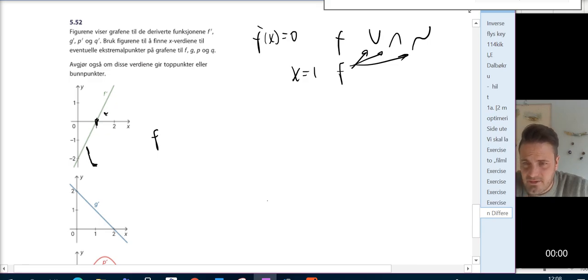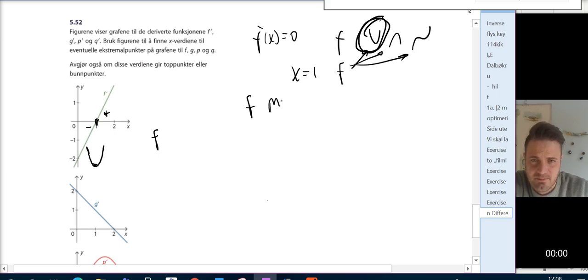And then the derivative is positive. It's first negative and then positive. And when the derivative is positive, we know that f is increasing. So this means that f has a minimum point.